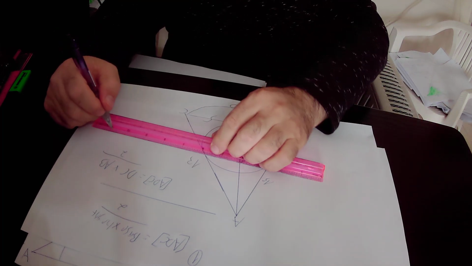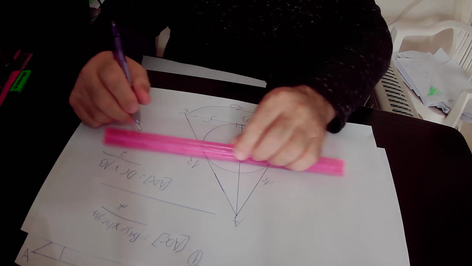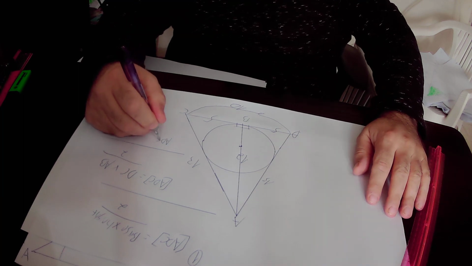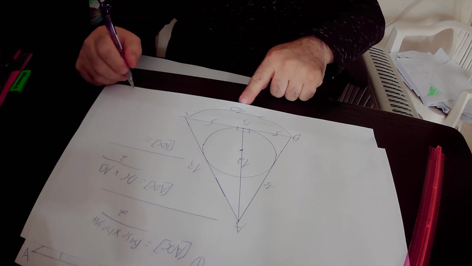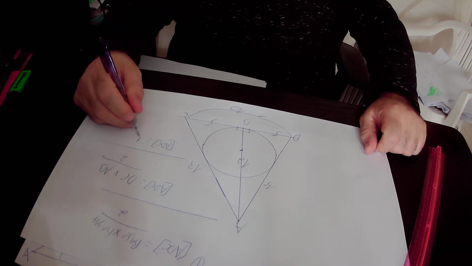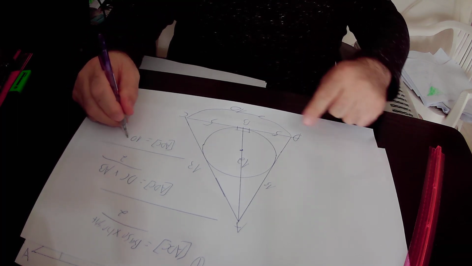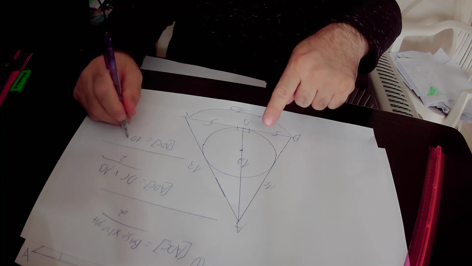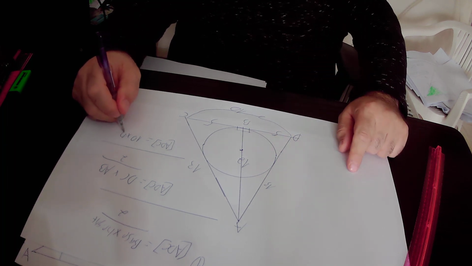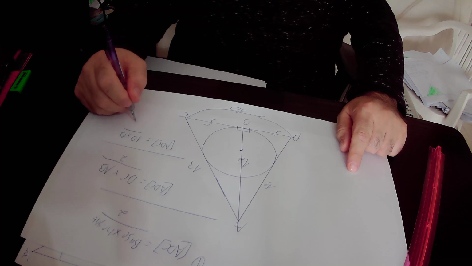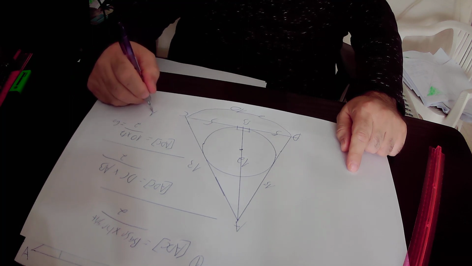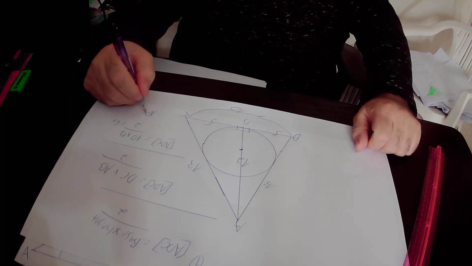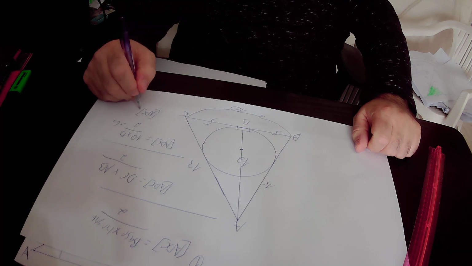So the area of triangle ADC equals DC, DC equals 10 units, it is 5 plus 5, times AB, AB equals 12 units, it is given in the question, over 2. 10 times 12 is 120, and 120 over 2 is 60, so we found out that the area of the isosceles triangle, triangle ADC, is equal to 60 square units.